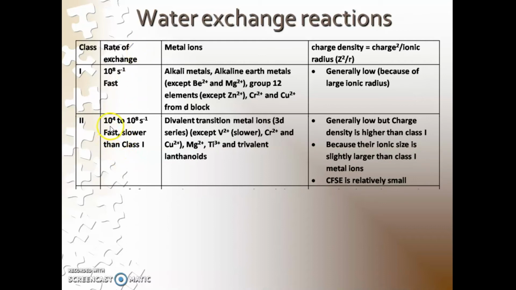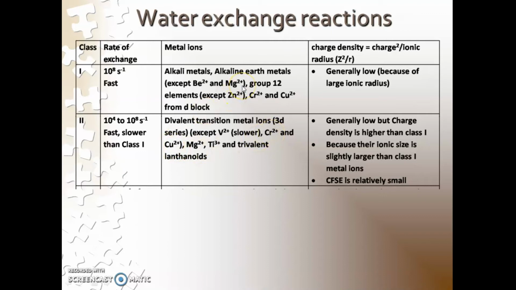The second class of ion will show exchange rate of around 10 power 4 to 10 power 8 seconds inverse. This is also a faster reaction only, but it is slower than the class 1 metal ions. The metal ions that fall under this category are divalent transition metal ions of the first row transition series, that is the 3D series divalent metal ions only, except V2 plus, which shows slower reaction.